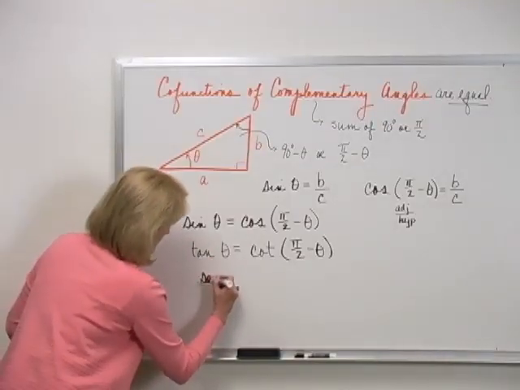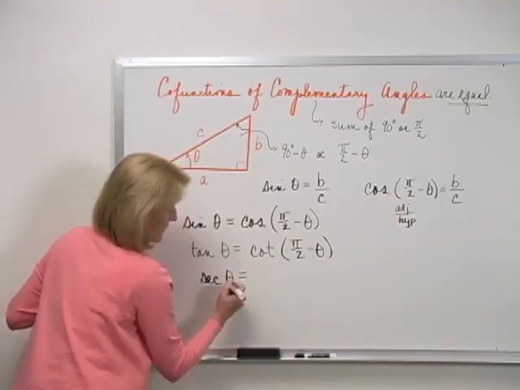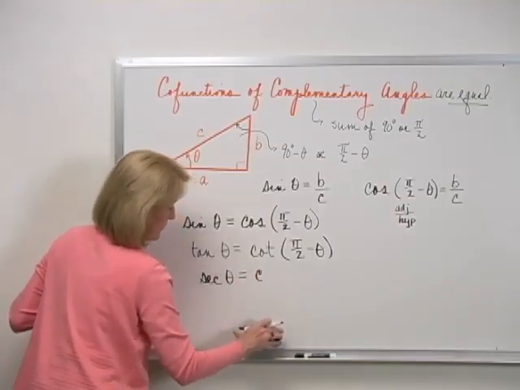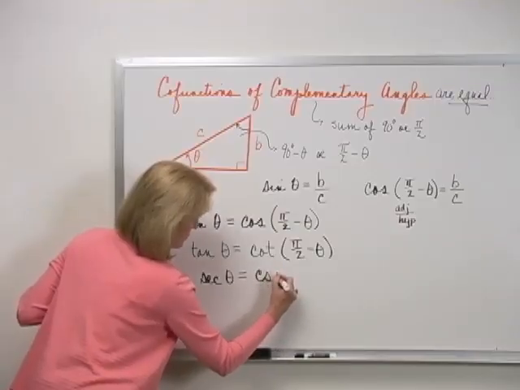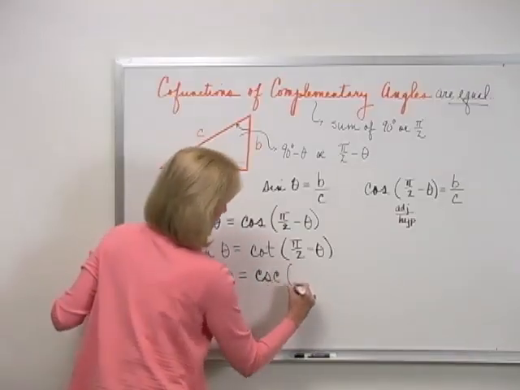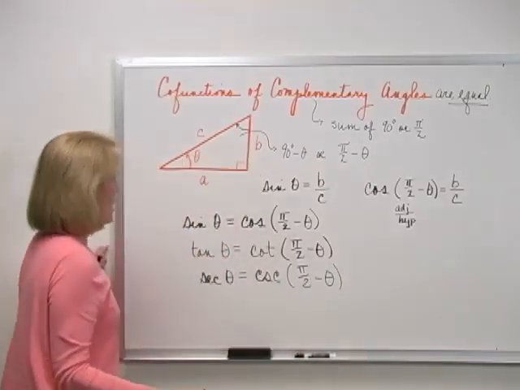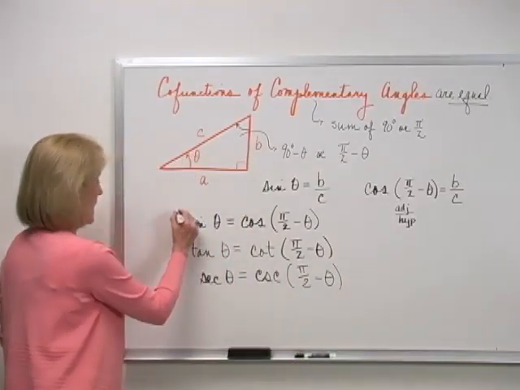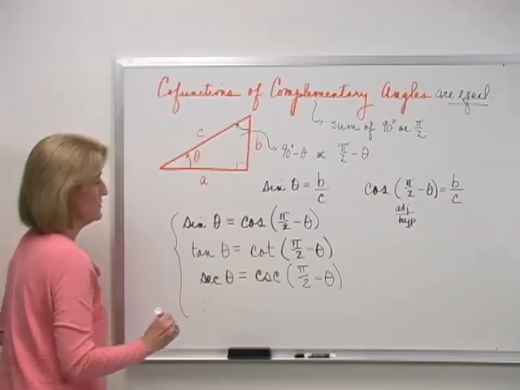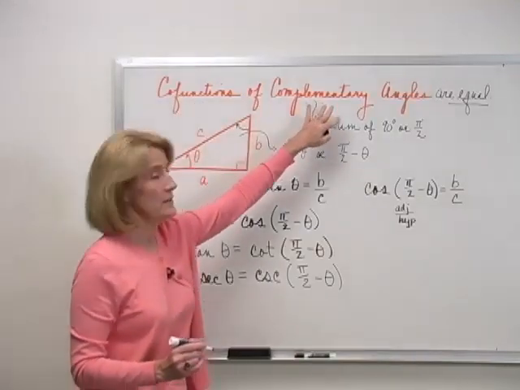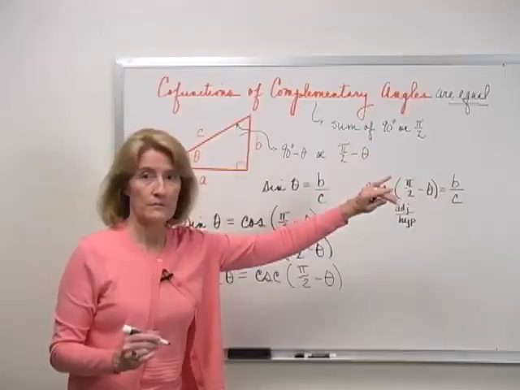So I could write that the secant of theta is the cosecant of the complementary angle. All right, these and the rest of the relationships show you that co-functions of complementary angles are equal.